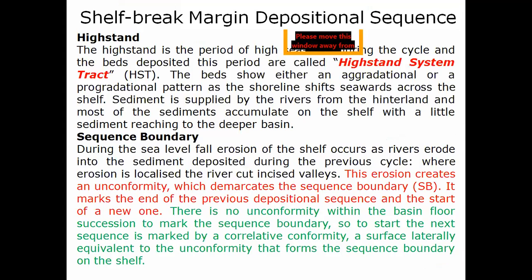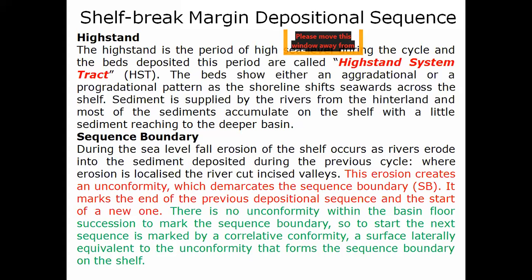Now highstand, when the sea level is at the peak, and we call these different types of system tracts, depending on the shoreline position, where it is standing, whether it is at the peak position, at the lowest position, or in an intermediate position.